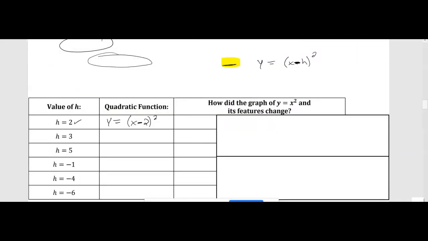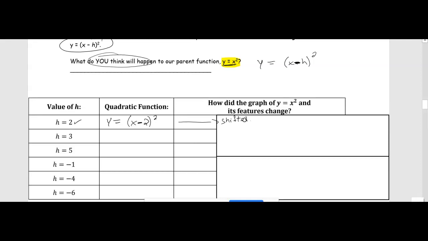So now let's write this down. For this one here, it shifted, and I asked Cam specifically, that's to the right. That should say right, with my beautiful handwriting. So we shifted this to the right 2 units.